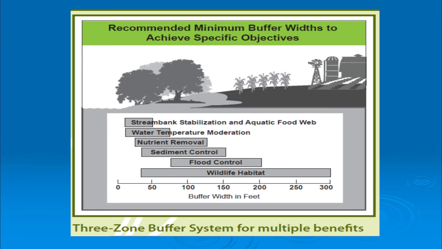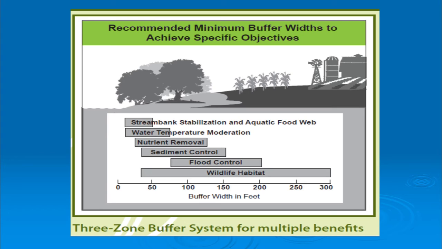If you're looking at that canopy protection, that thermal protection for water temperature moderation, it could be anywhere from 25 to 150. You want to look at nutrient removal, it's more like 35 to 125 feet. And you work your way up: sediment control, say 40 feet to 150. Flood control, 75 to 200.